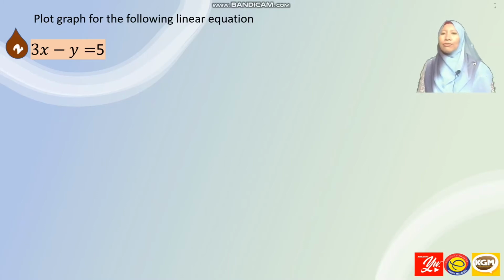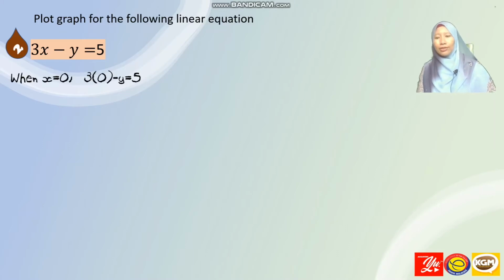So now we want to find the first point. For the first point, I choose x to be 0. To calculate the value of y, we substitute x equals 0 into the equation, and then we get y equals negative 5.